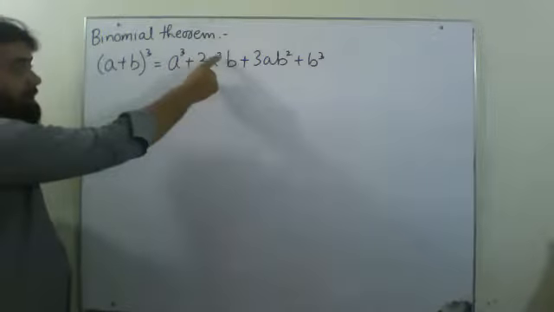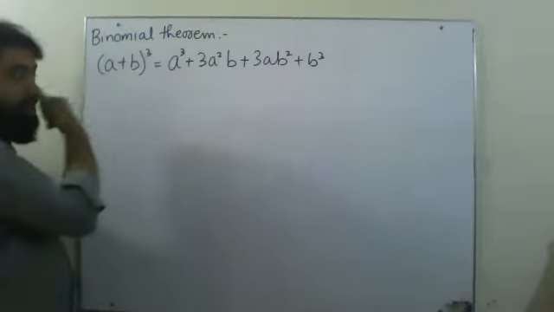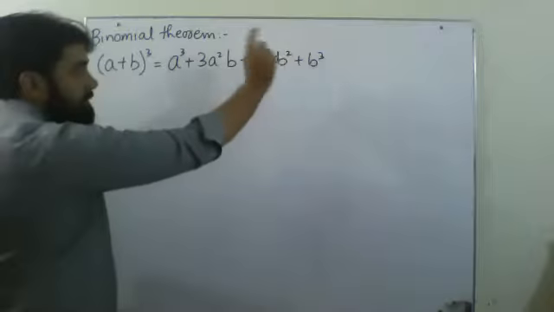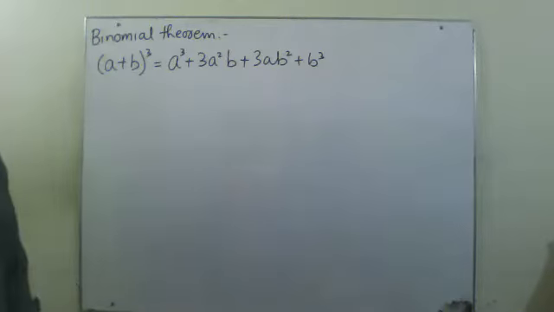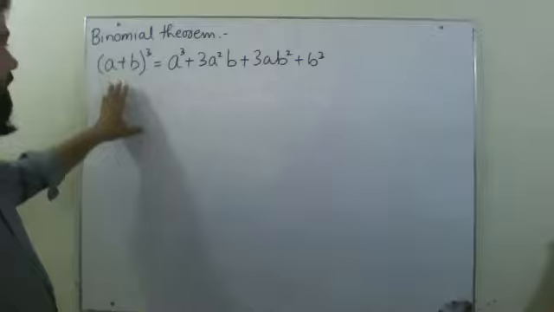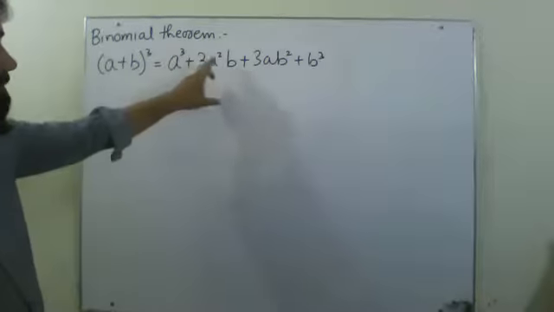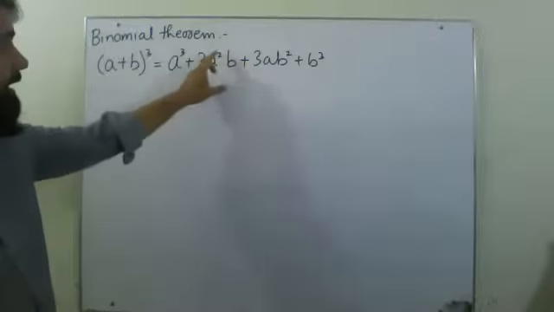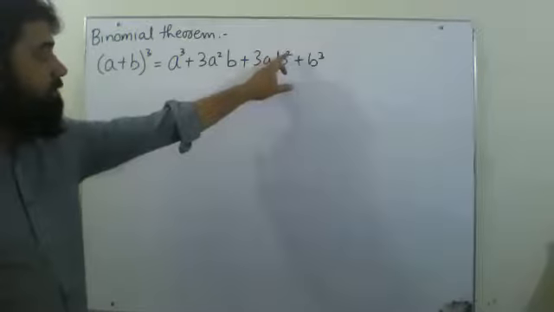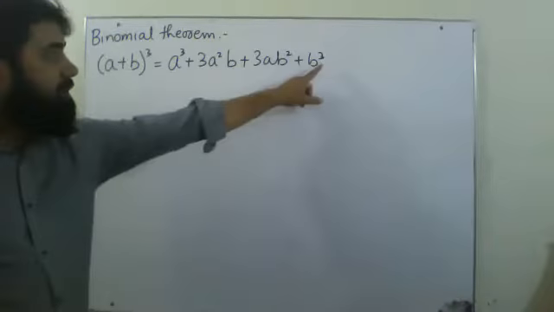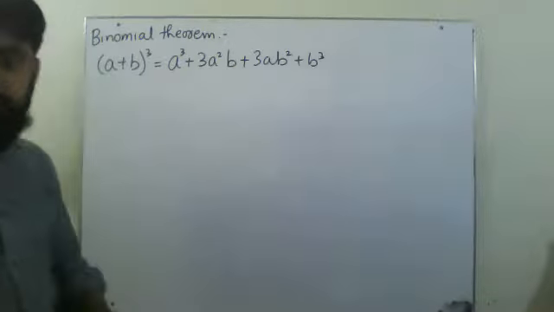What is the power here? a square and b power 1, then a power 1 and b square, and then b cube. All of them add up to 3. 2 here, 1 here, add up to 3. 1 here, 2 here, add up to 3. And this is also 3.